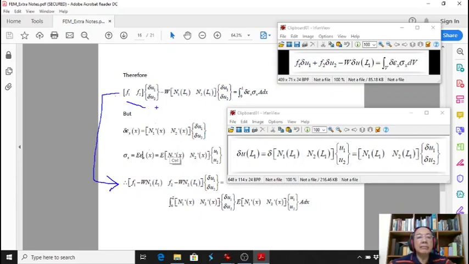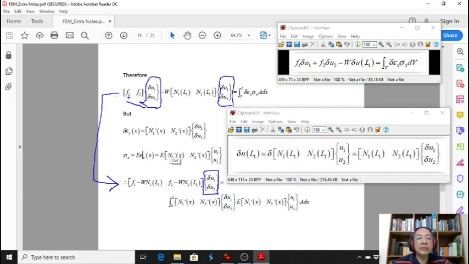We have the same column vector here, virtual U1 and virtual U2, so we can collect and factor.